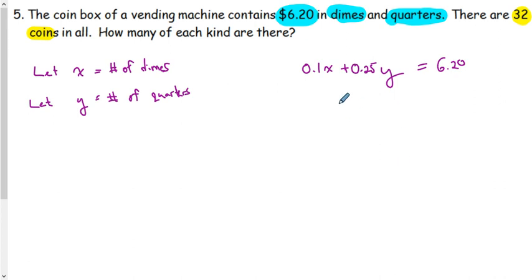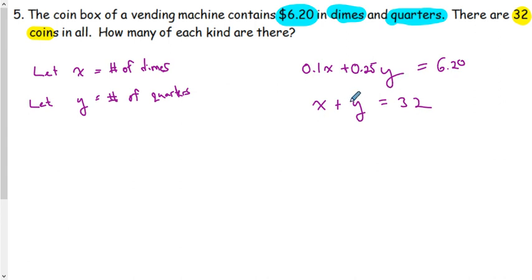My other equation is just going to be the number of coins. Dimes and quarters, there's 32 in total. So those are my 2 equations. Now to solve this, you'll notice this is set up in standard form. That probably means that elimination is an easier or at least a faster way of doing it.